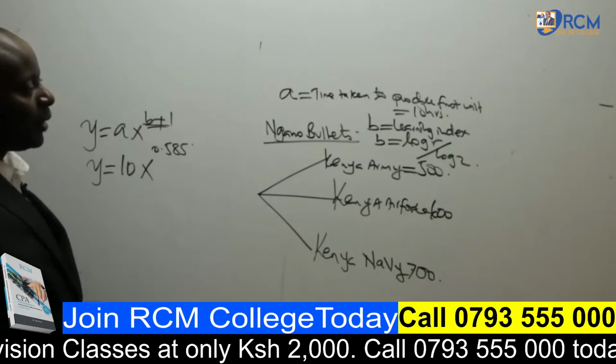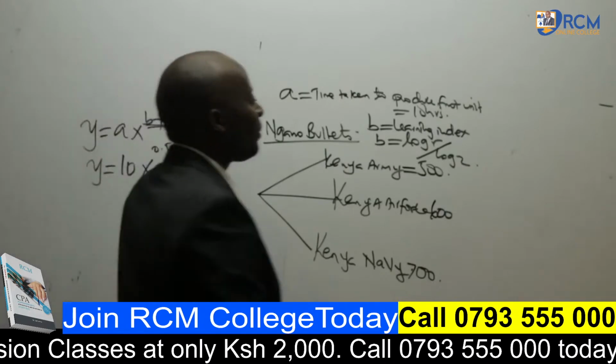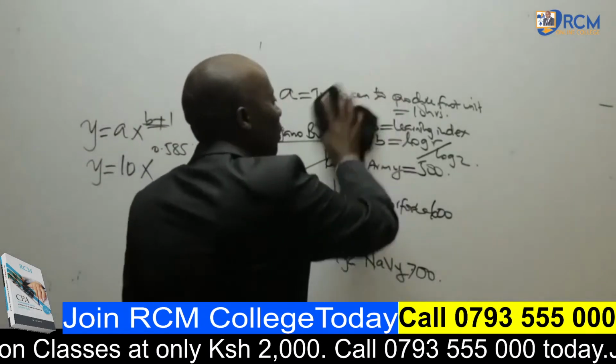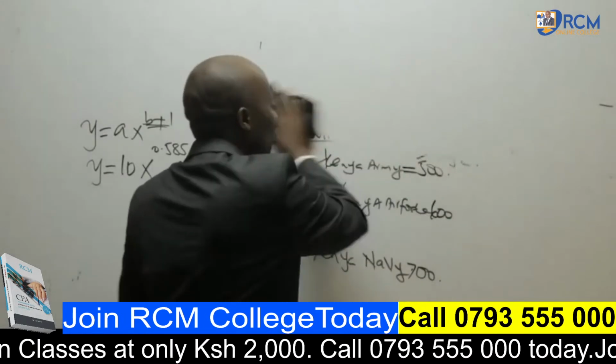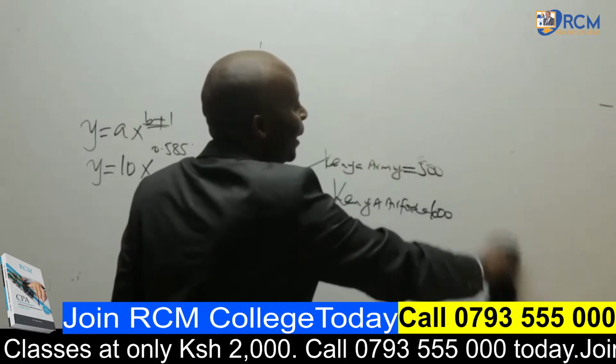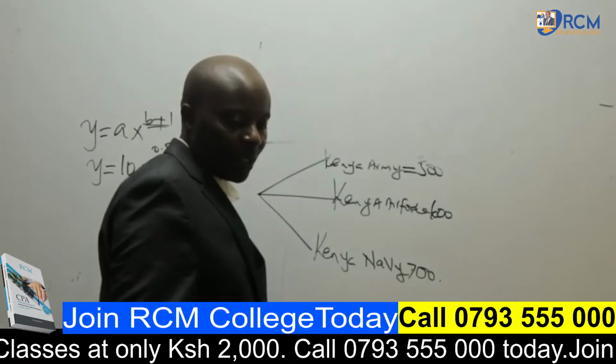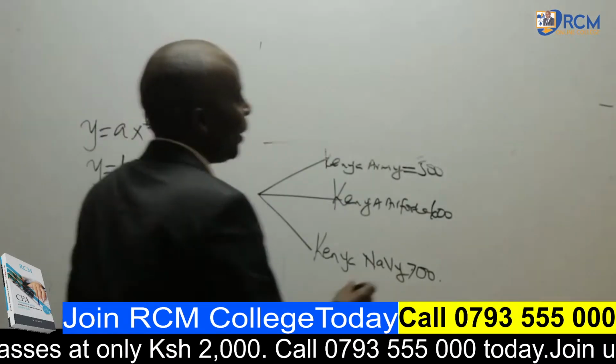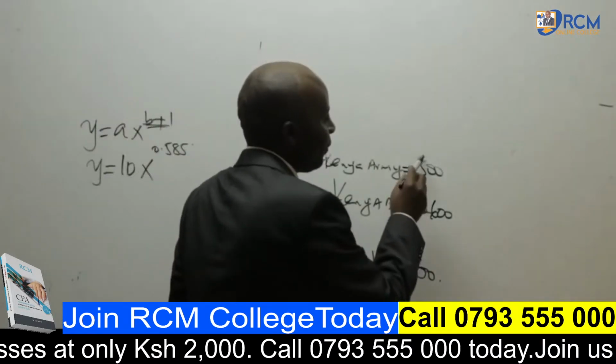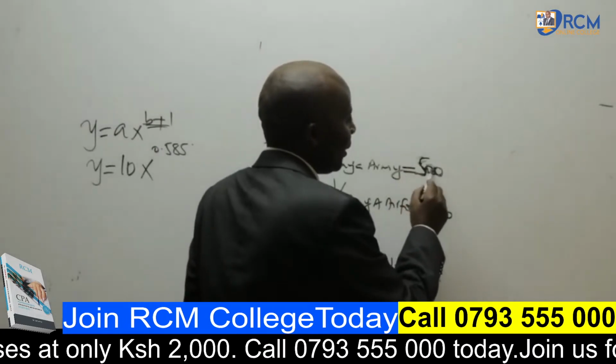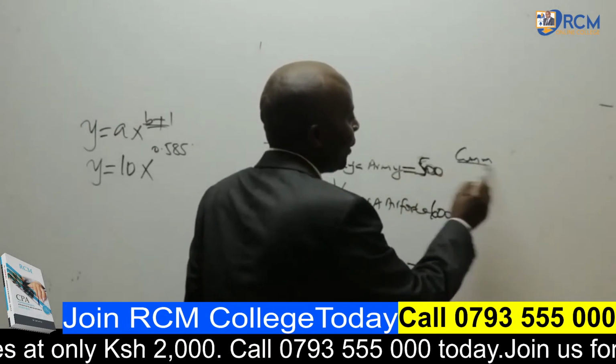Now, ladies and gentlemen, the most important thing that I'm supposed to do in this series in terms of orders will be to ascertain the cumulatives. So the cumulative number of bullets.